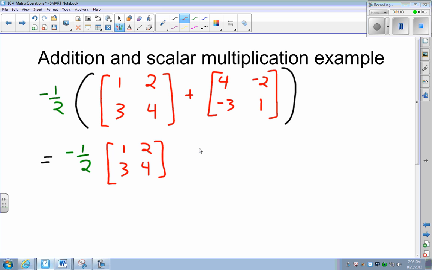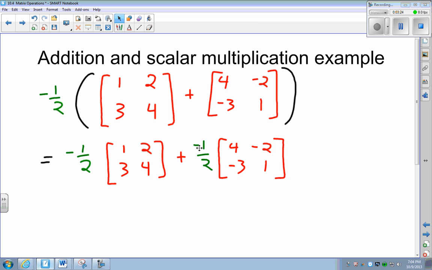Actually, I want to leave that as addition because we're going to multiply that negative 1/2 through. So now all we have to do is multiply negative 1/2 into both our matrices.